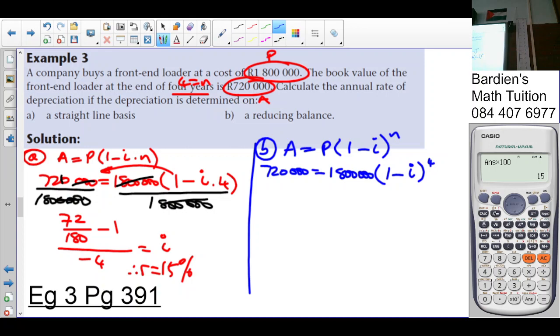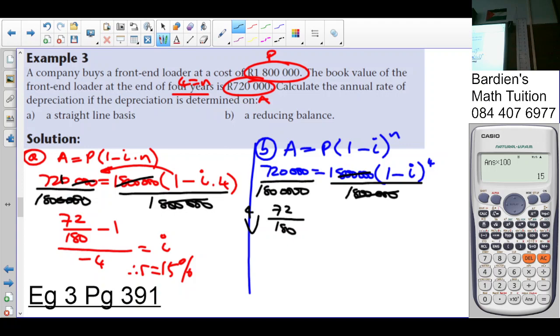So the first thing we do is divide both sides by 1,800,000. So that's again 72 over 180. That's gone. What do I have to do then? Then I have to take the fourth root of both sides.